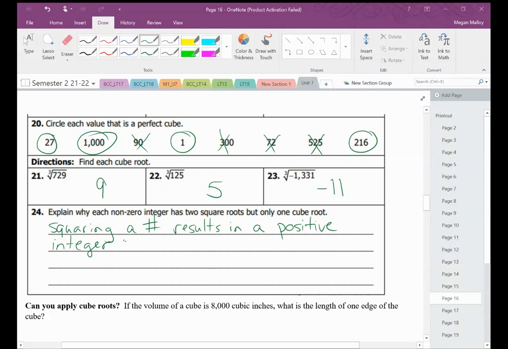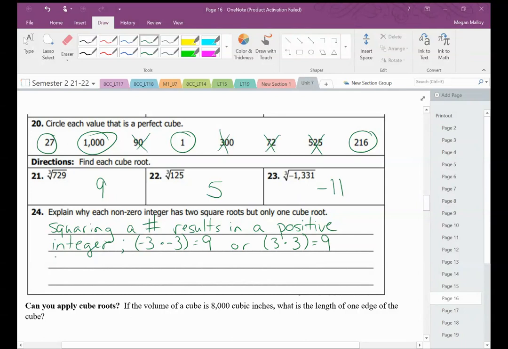For example, if I had negative 3 times negative 3, that's going to give me a positive 9. Or 3 times 3 also is going to give me a positive 9.